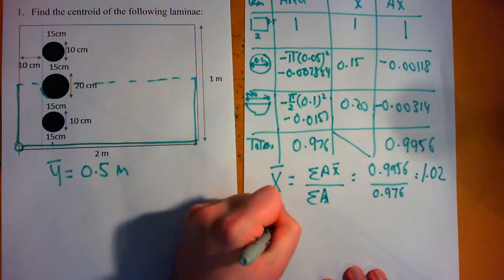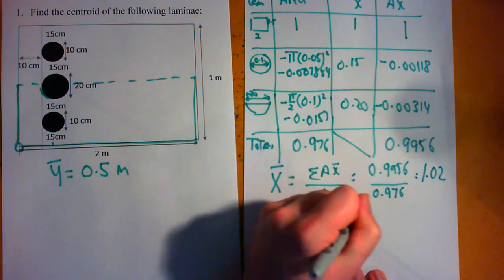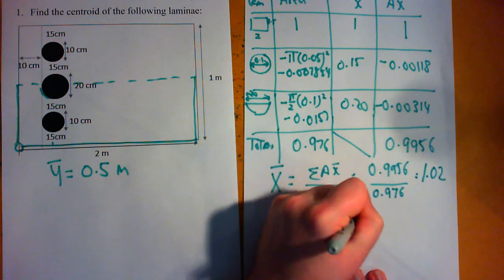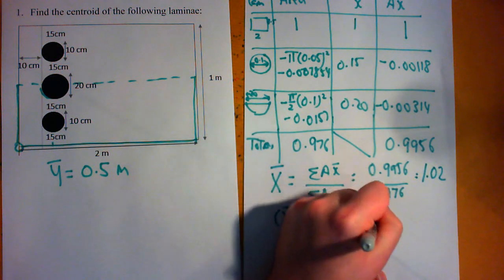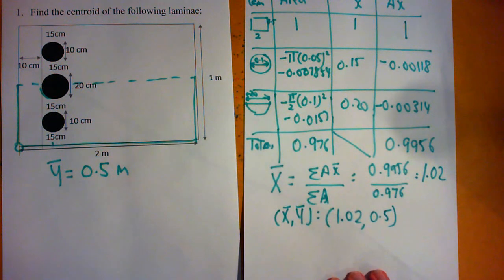So the centre is at the point x, y, where x bar we found to be 1.02, and y bar, we said by symmetry right at the beginning, is 0.5. So 0.5 makes sense because of symmetry in the vertical direction.